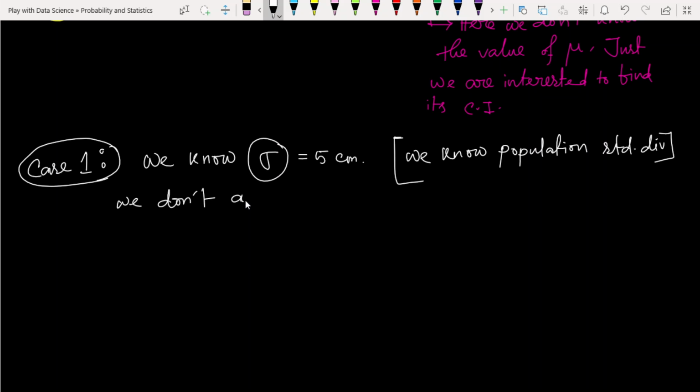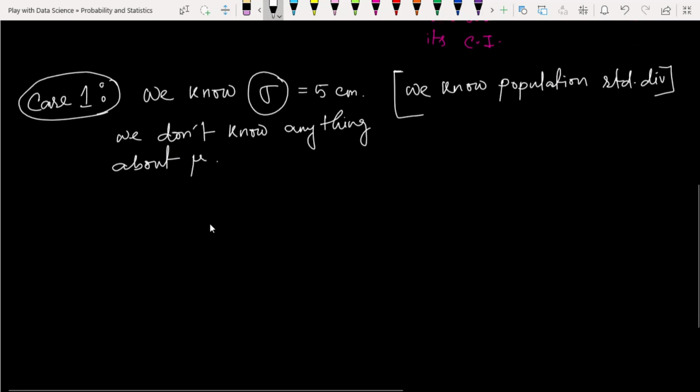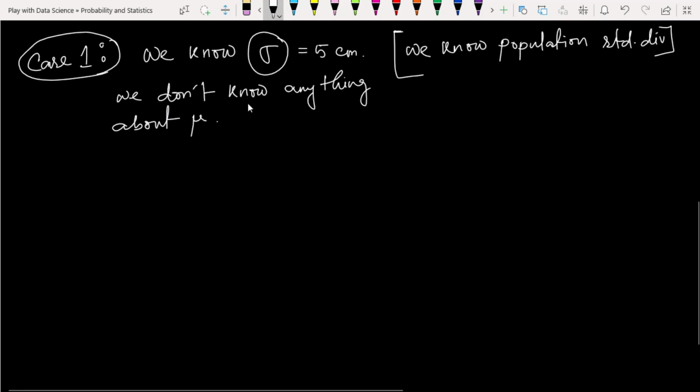Now, how will we calculate the confidence interval in such cases?